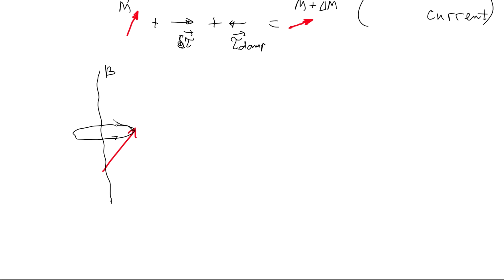There is a damping torque, tau damping, pointing it this way, that forces it toward the field. Now we send electrons, and these electrons apply torque, but in this case this torque is applied in this direction. There was a guy whose last name was Slonchevsky, but some call it Slonczewski.